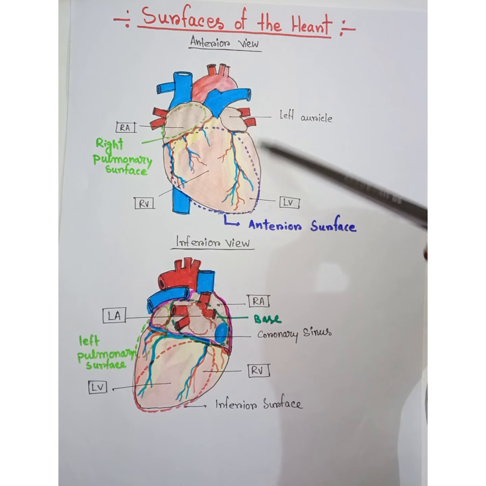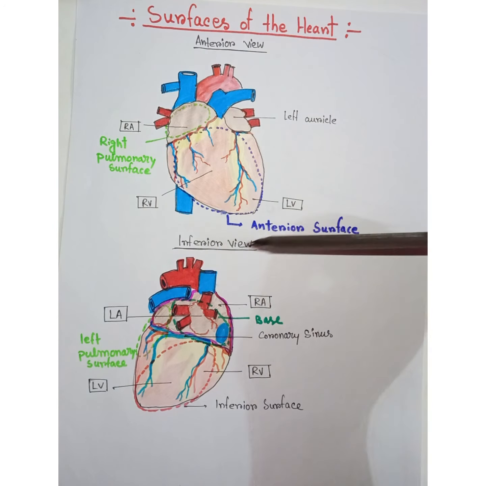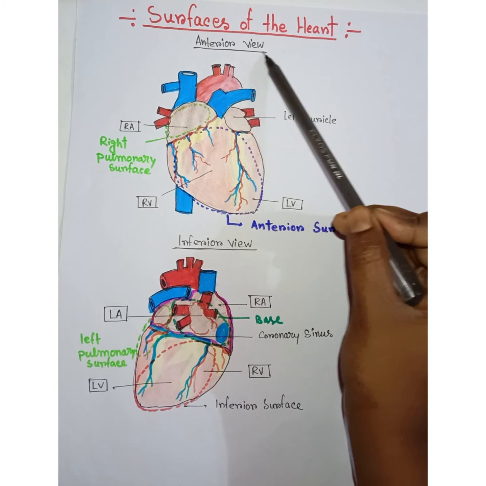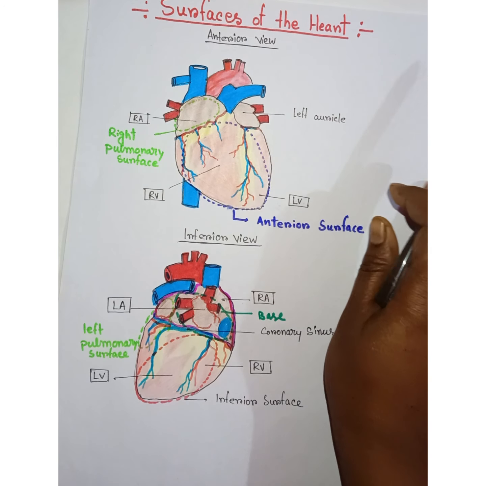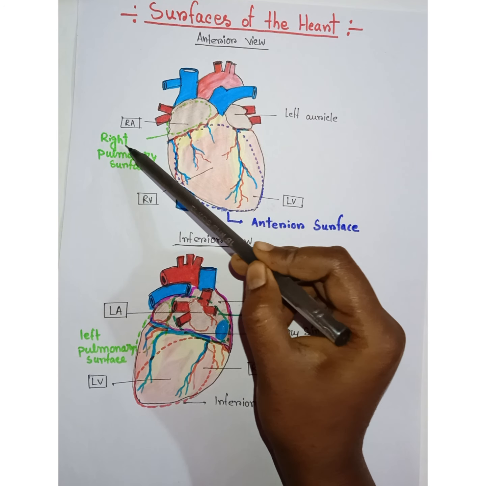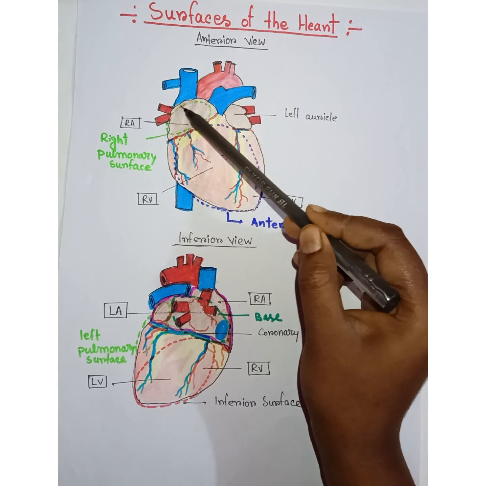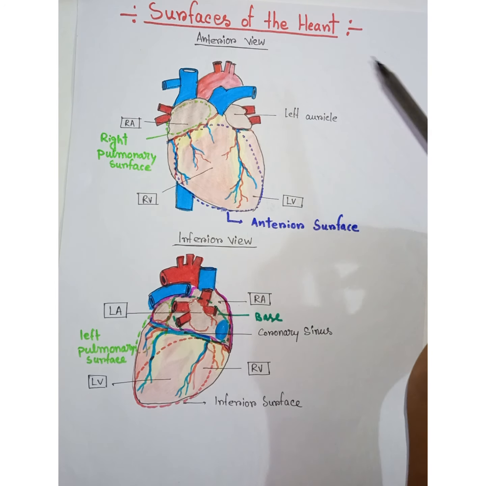So there are two diagrams. The first one is the anterior view and the second is the inferior view of the heart. In the anterior view, this is the right atrium, and this green circle is the right pulmonary surface.